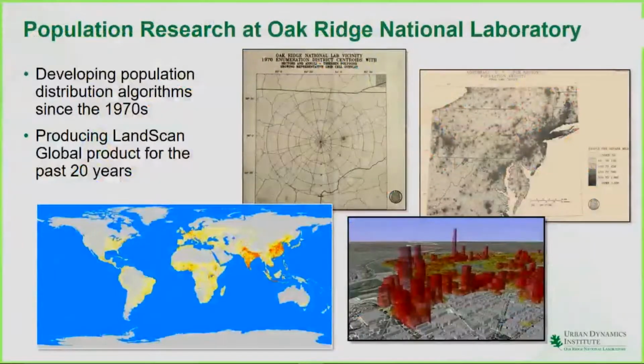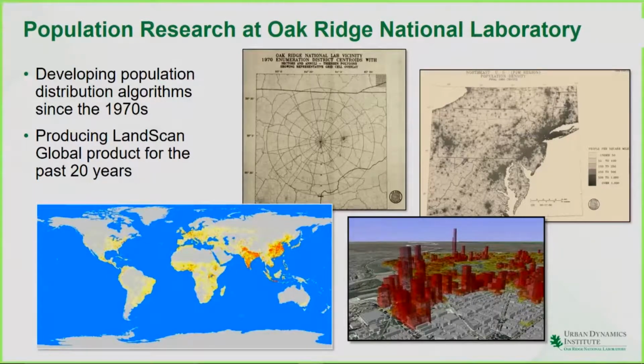All right, so I just wanted to give a quick overview of what we've been doing at Oak Ridge for the past several decades, really. We've been engaged in developing population distribution algorithms since the 1970s, certainly for site assessments, certainly for this particular site at Oak Ridge National Lab, but also other areas to improve the resolution and fidelity of spatial population distributions.